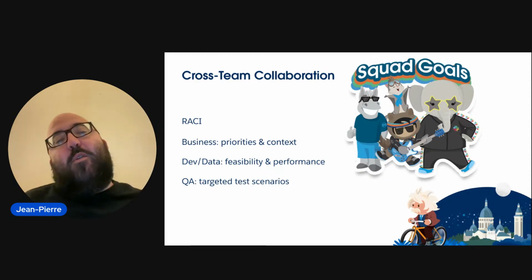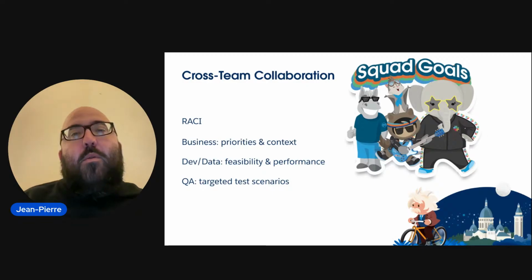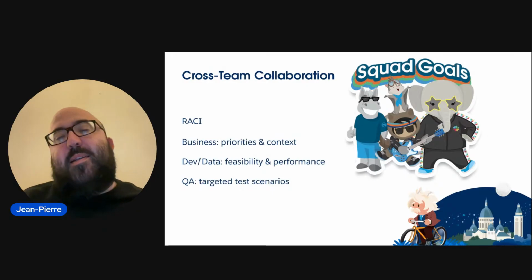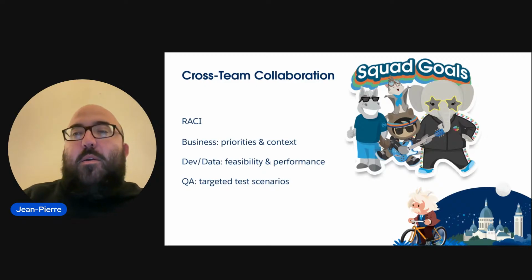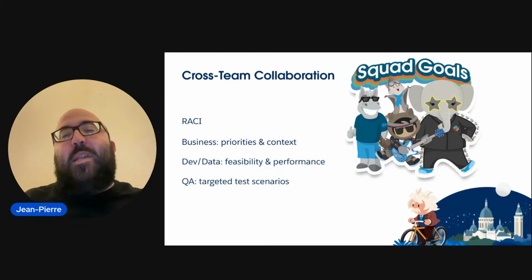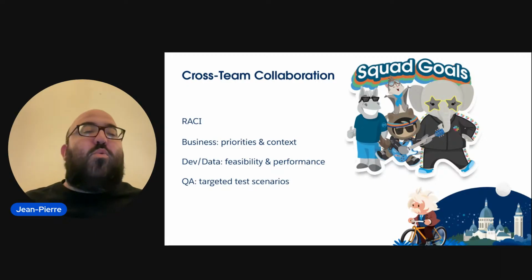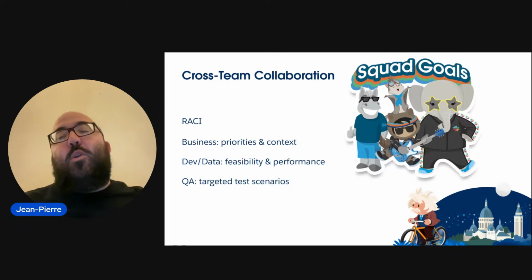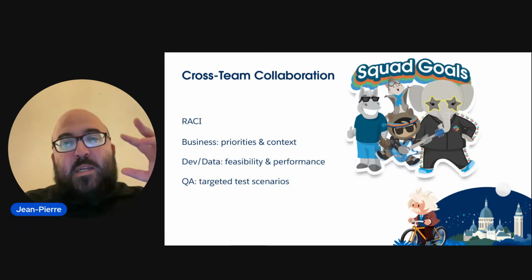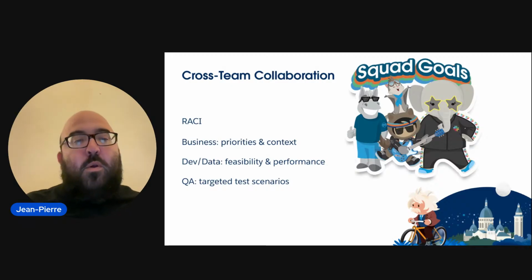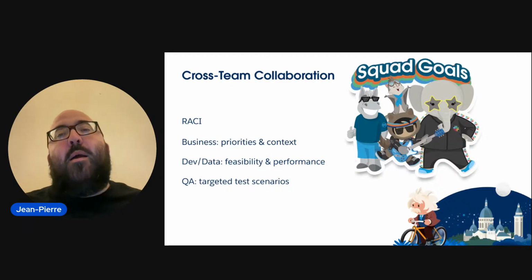If you are lucky enough to have a quality assurance team, normally they will be very demanding about those targeted test scenarios, which is a good thing because it's how they work, it's their prime input. Even if you don't have such a team, you yourself as a BA, maybe working on testing further down the road, you want to have targeted test scenarios with the right variables. You want to have that variability in tests to be able to make sure that the system with that data is working properly.